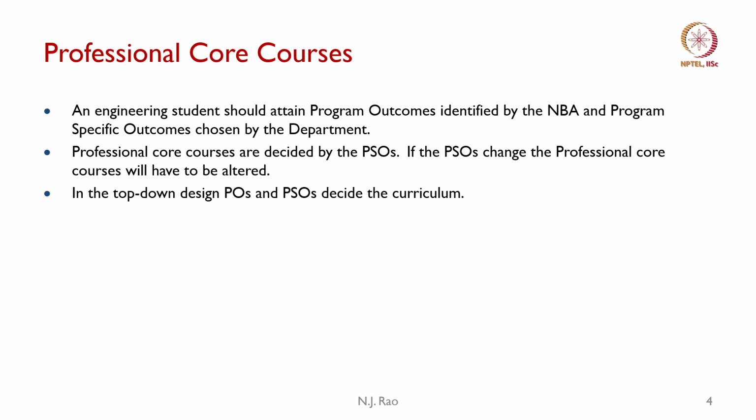If the PSOs change, the professional core courses will have to be altered correspondingly. So, in the top-down design of a curriculum, POs and PSOs decide the curriculum. POs are given by the NBA, PSOs are decided by the department.